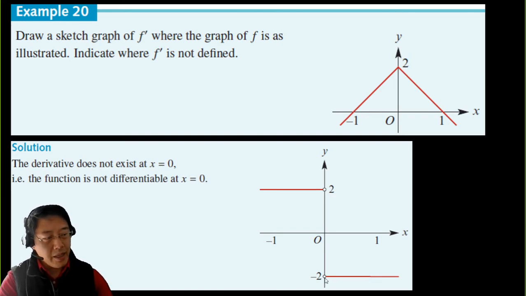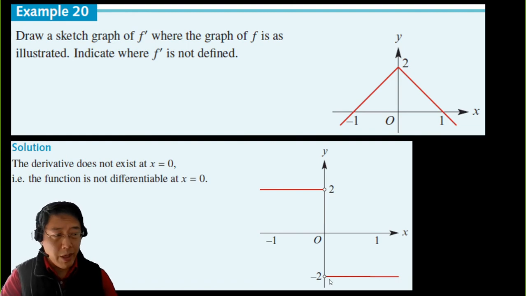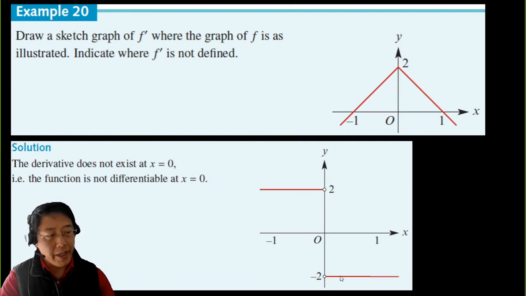Notice that if you get really close to 0, from the right it's negative 2. Remember the notation with limits: if I approach 0 from the right, it will be negative 2, and if I approach 0 from the left, it will be positive 2.